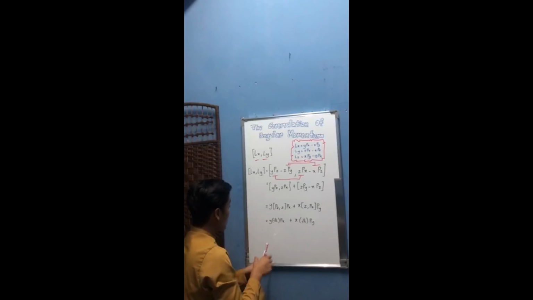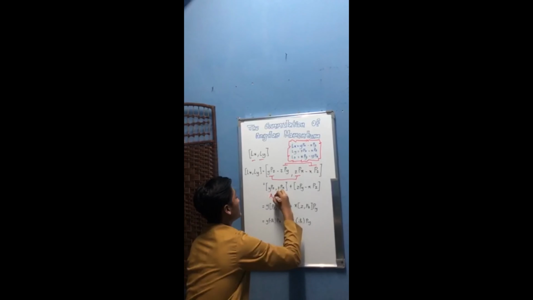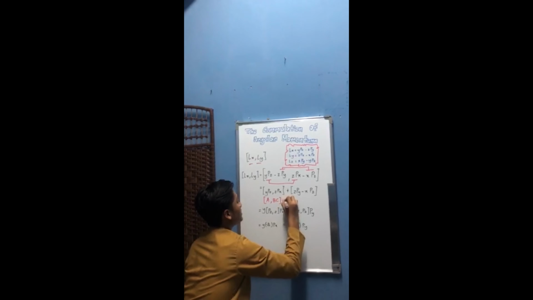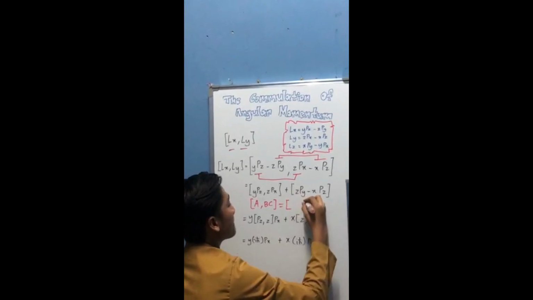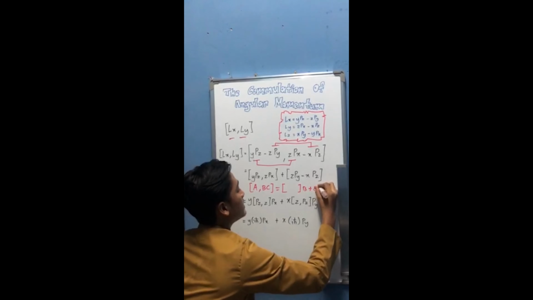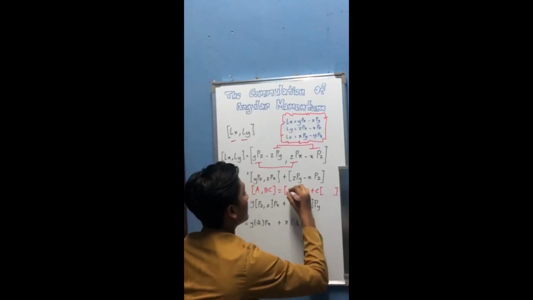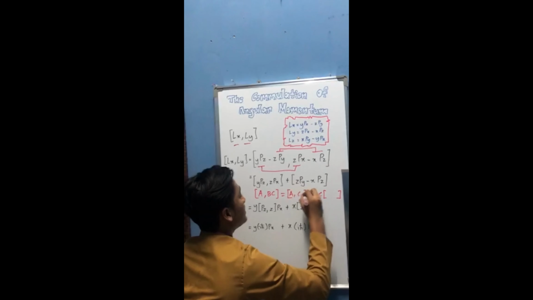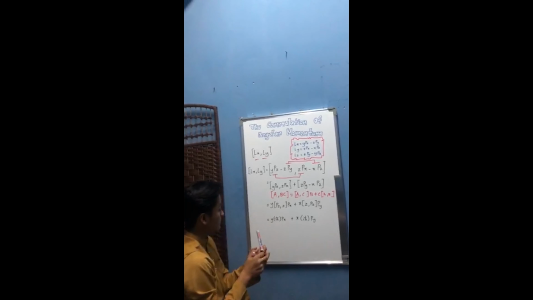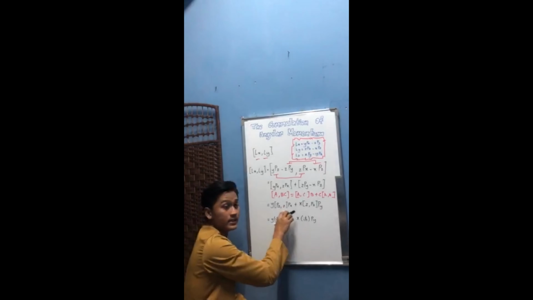From this term, we use the ABC rule, which is [AB, C] = A[B, C] + [A, C]B, and we get this term.